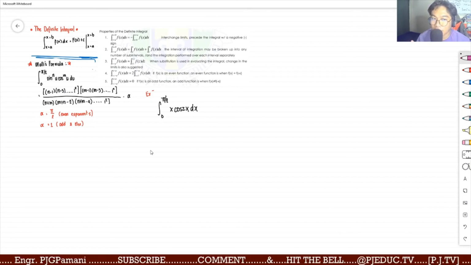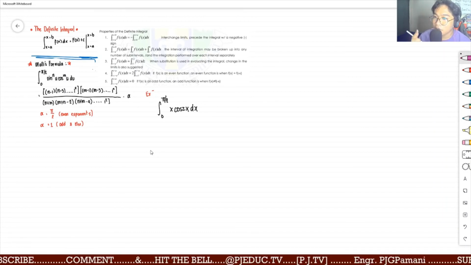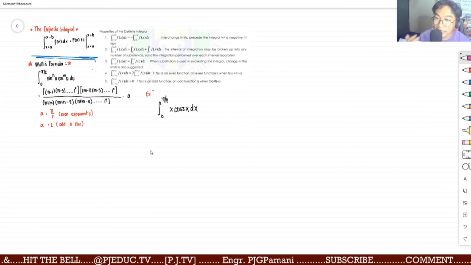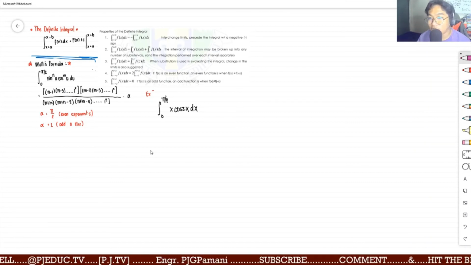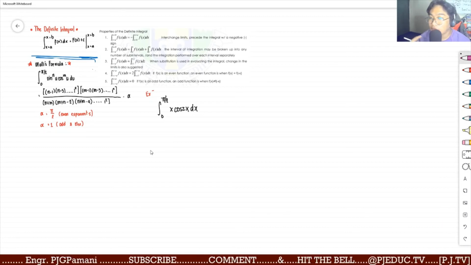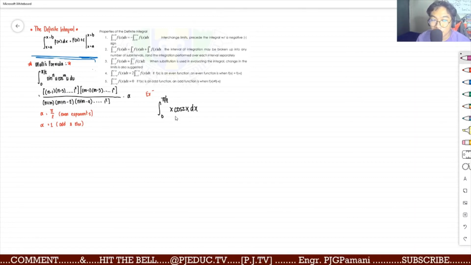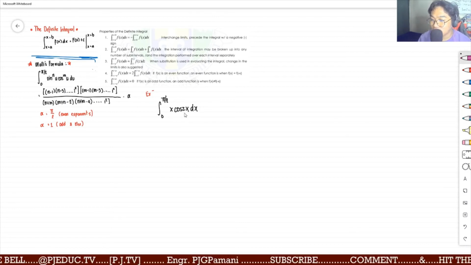Wallis formula agad. Sigurado ka bang applicable yan? Remember, Wallis formula considers an integrand of the product of sine and cosine having either odd or even exponents, or only sine or only cosine. This is now a combination of two unrelated functions, that is x and cosine 2x.